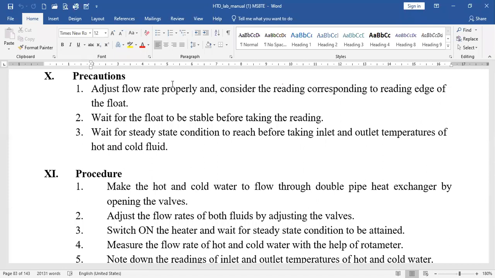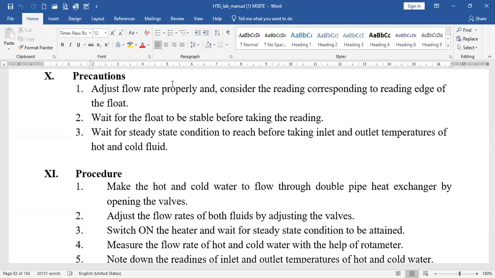hot fluid. Then wait for the flow to be stable before taking the reading. Wait for steady state condition to reach before taking inlet and outlet temperatures of the hot and cold fluid. Normally, in the previous sessions also we have discussed steady state conditions: if a parameter is not going to change with respect to time, then it is called steady state condition. Steady state temperature is the condition where the temperature becomes constant with respect to time.